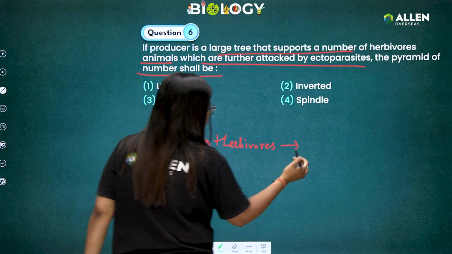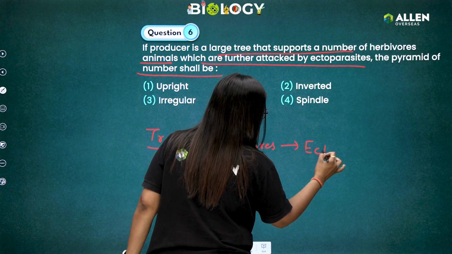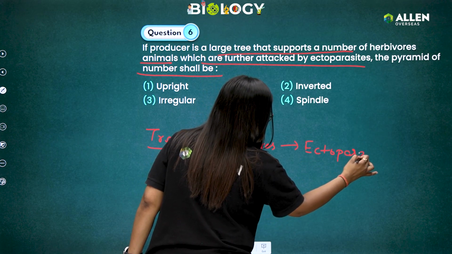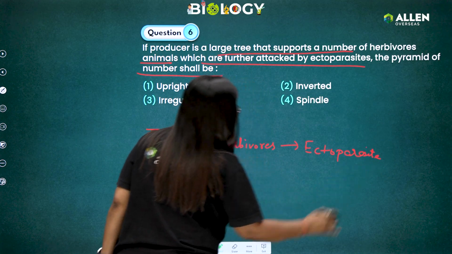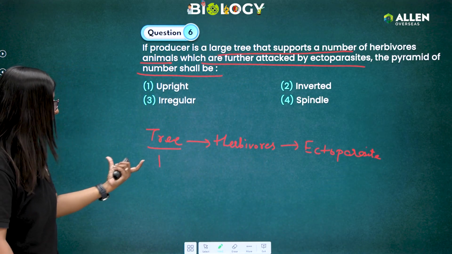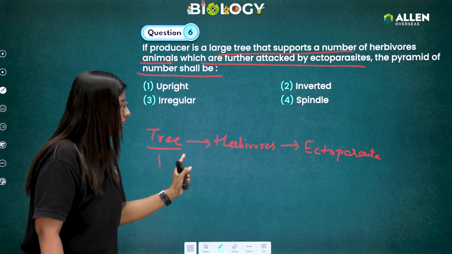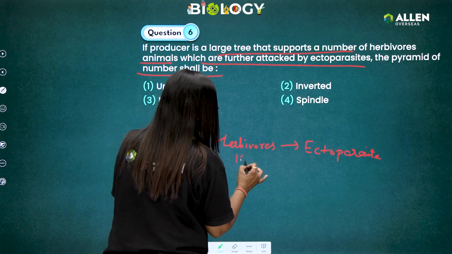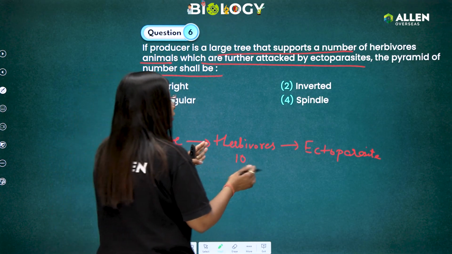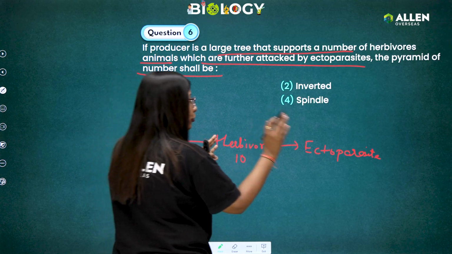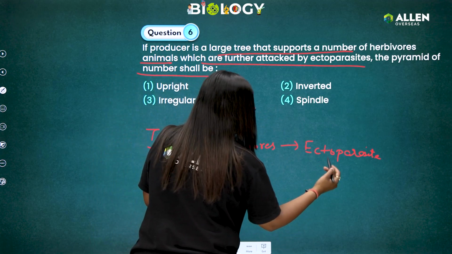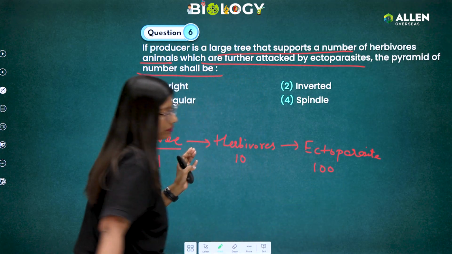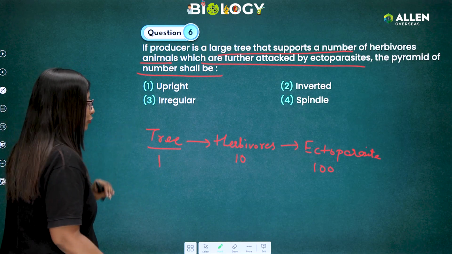And on the herbivores, various ectoparasites are there. And then they are asking about the pyramid of number. So let's see the number. Tree is 1. On one tree, many herbivores will feed. So say 10 herbivores are there, right? And on each herbivore, many ectoparasites will parasitize. So we will say 100 ectoparasites are there. Now we know how to make the pyramid.